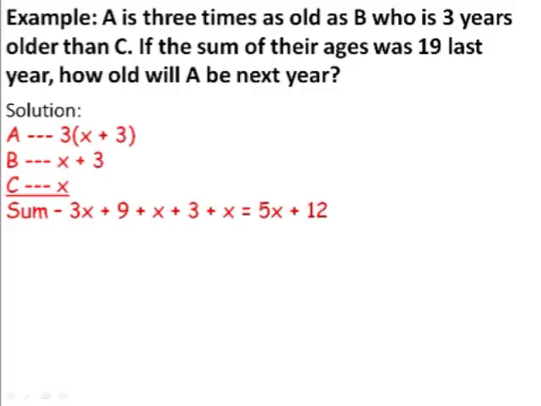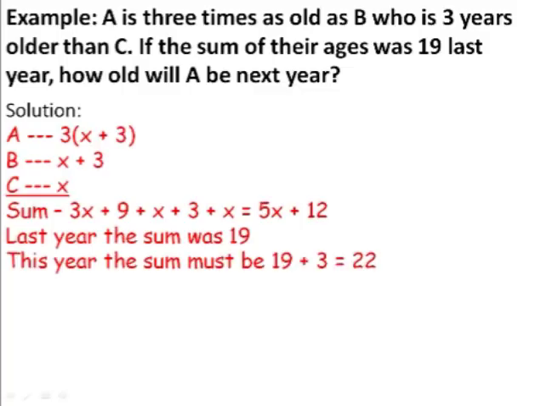Okay, now in the question they're saying the sum of their ages was 19 last year. And this sum, which is 5X plus 12, is for this year. So what was the sum of their ages this year? If last year's sum was 19, everybody must have grown by 1 year this year. So this year's sum must be 3 years more, that is 22.